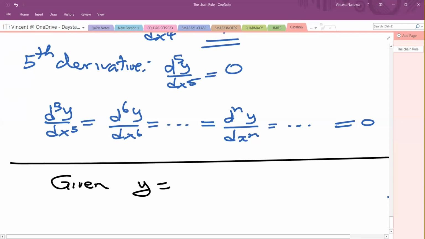So then given y equals x power 5 minus 3x power 4 plus x, I want you to find y prime, which means the first derivative.